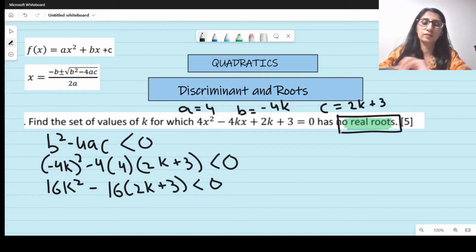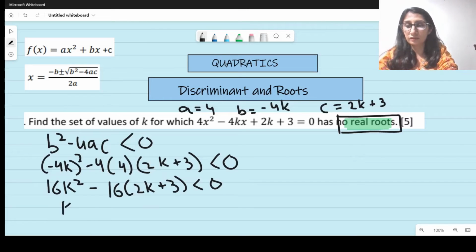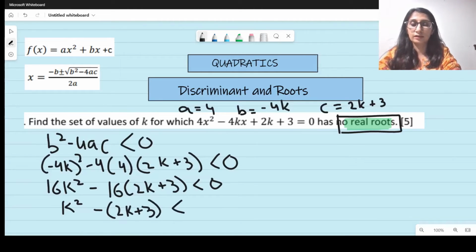I'm going to make this question less complicated by taking 16 common, or by just dividing both sides with 16. So it becomes k square minus 2k plus 3, and this side gets divided by 16 and it's just 0.